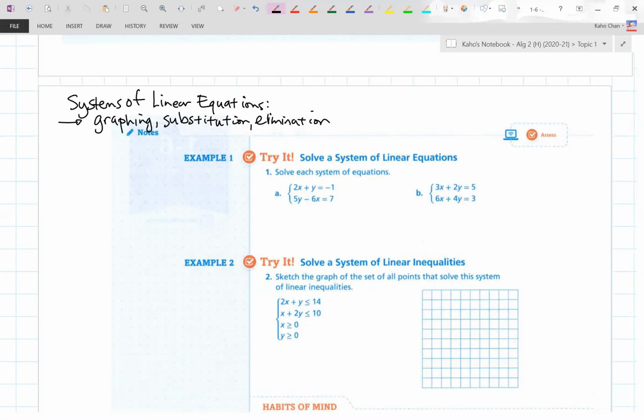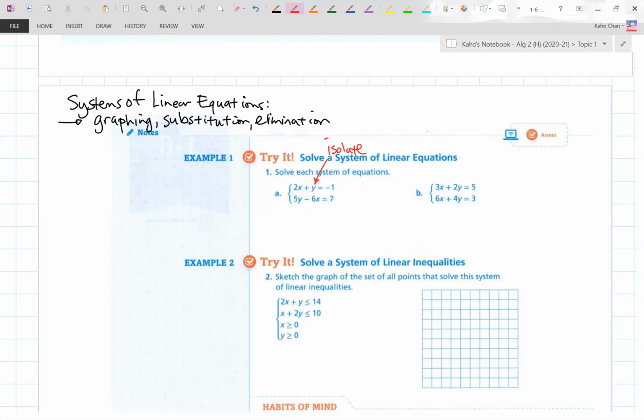Notice the equations for 1a are 2x plus y equals -1 and 5y minus 6x equals 7. It could be rearranged, meaning the x's and y's, for elimination. But because I see y by itself right here, I'm going to try to use substitution. To do that, I want to isolate y and substitute what it equals into the second equation.